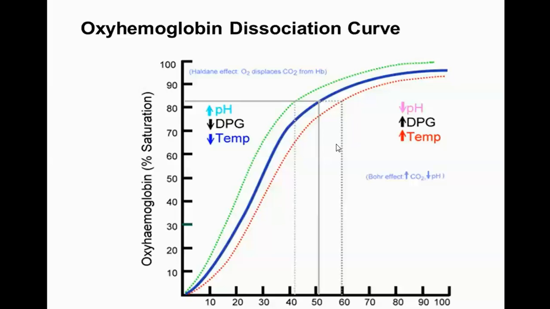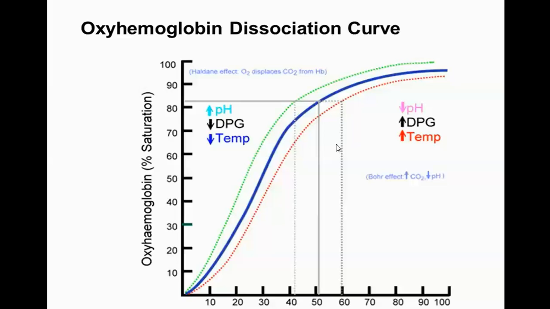Let's take it during the unloading. During the unloading, when the curve shifts to the left, normally the patient has 82% of hemoglobin saturation, okay? How much can he unload to the tissues? 50 PO2, yes.